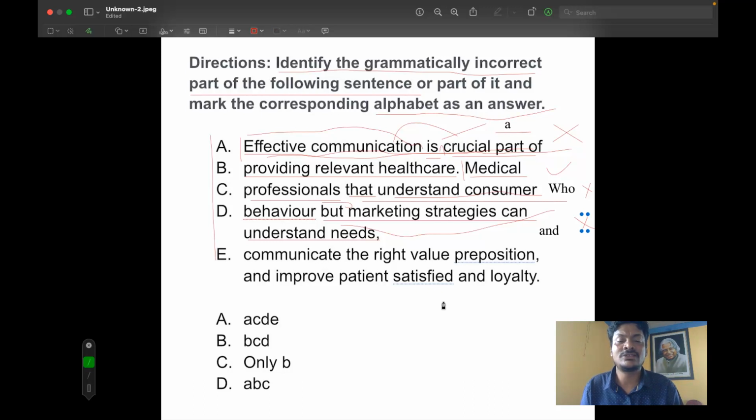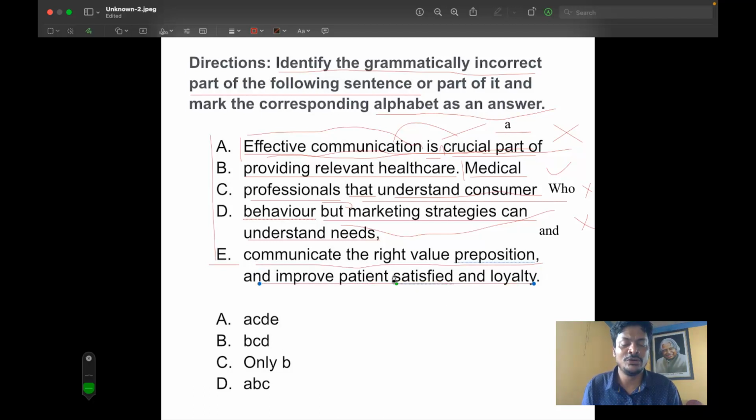Three errors. Let's look at option E. What has it pointed out? It says communicate the right value preposition. If you see, understand needs and communicate the right value preposition and improve patient satisfied and loyalty.